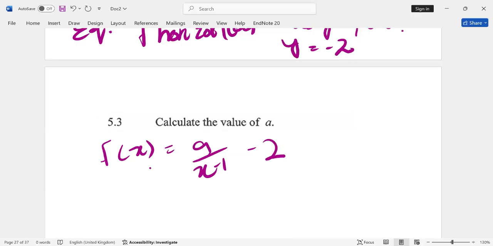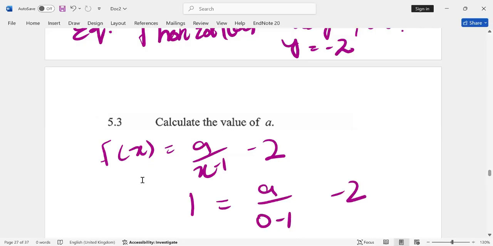All right. So we use the given y-intercept, this is (0, 1), by substituting x equals 0 and f of x equals 1. Solve for a. So we have 1 equals a by 0 minus 1, minus 2.